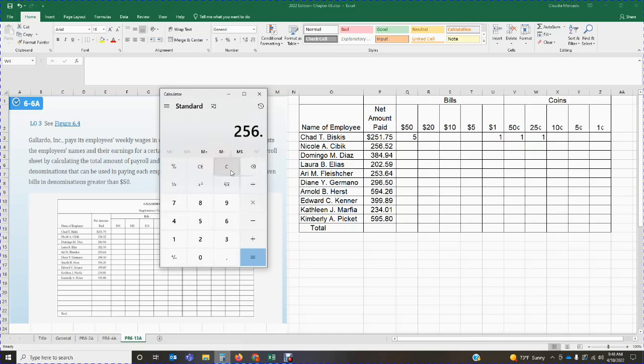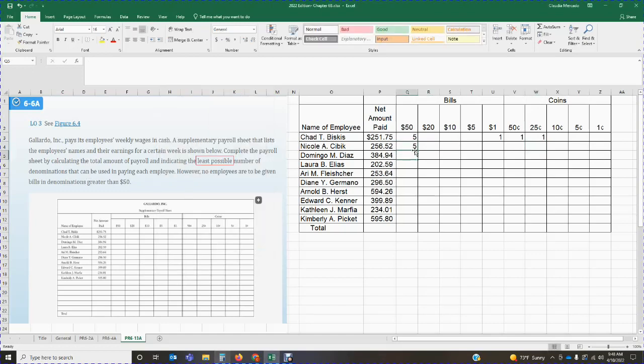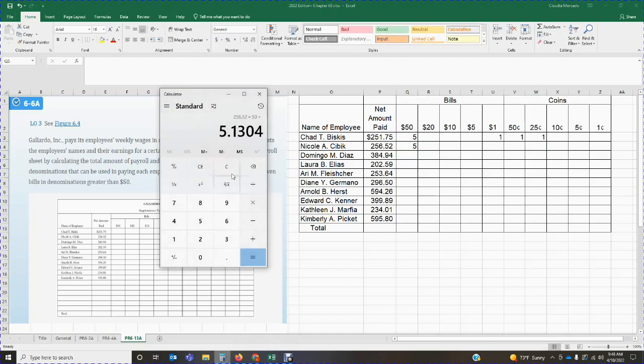So I've got 256.52. I'm going to divide by 50. I need 5 bills of 50. So that's 5 bills times 50, which gives me 250. Now the employee made 256.52 minus 250. That means I still need to pay the employee $6.52.